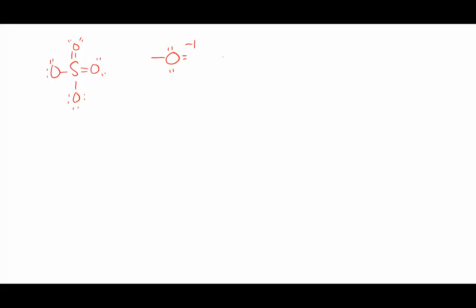And if you have a double bond to an oxygen, it will always have a 0 formal charge. So that is something perhaps you could call pattern recognition. When you see a single bonded oxygen with 3 lone pairs, it's always going to be -1 formal charge. And if it's double bonded with 2 lone pairs, it's always going to be 0.